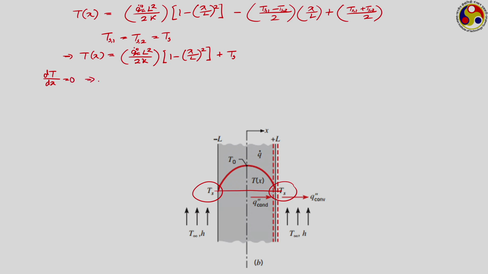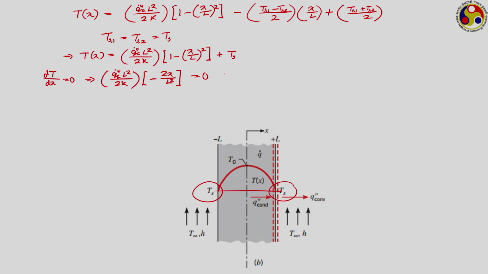So, we are going to have q 0 triple prime L square upon twice k into, differentiating this, minus 2x upon L square, to be equal to 0.